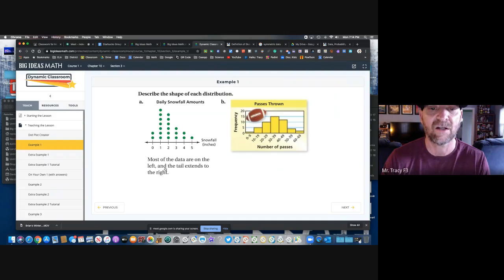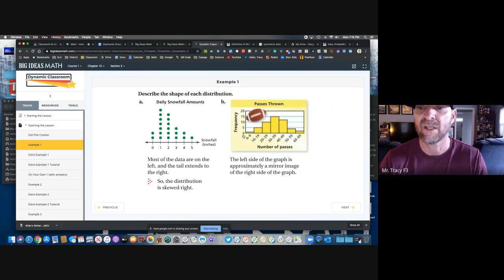Most of the data are on the left, and the tail extends to the right. You can see the tail's on the right side. So the distribution is skewed right. The way you get your answer here is if the tail is on the right, it's skewed right. If the tail were reversed on the left, it would be skewed left.